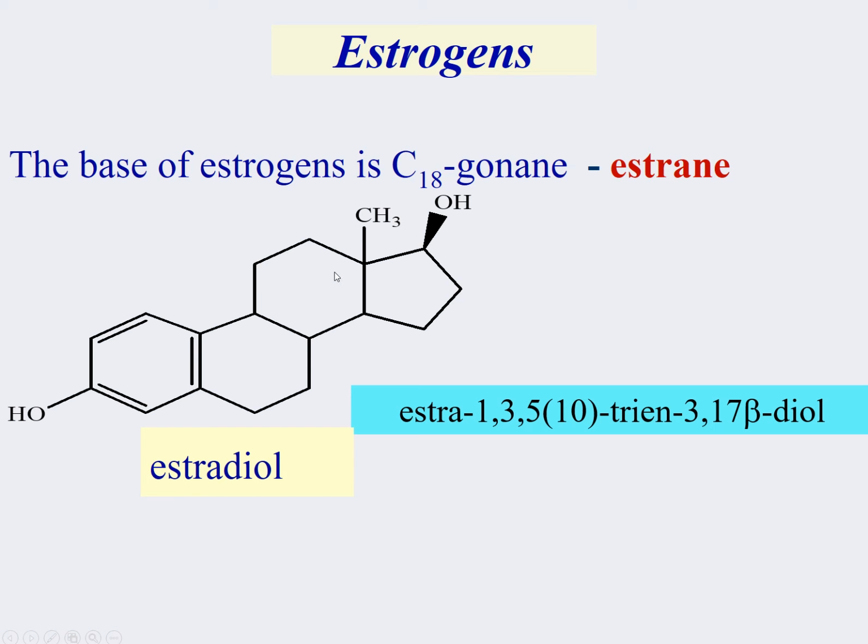So this will be estrane structure. Estrane means fully saturated, and we need to name double bonds. Nobody names benzene as cyclohexatriene.